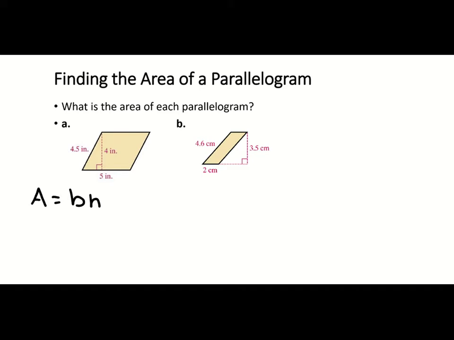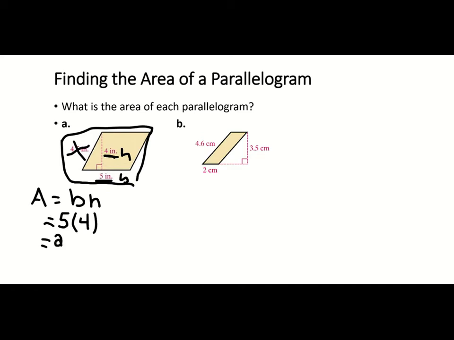So even though in this first parallelogram we have 3 values, my perpendicular segment is 4 inches and it's connected to the 5 inches. So 5 is my base and 4 is my height. I don't need the 4.5 unless I'm going to find the perimeter, but they are only asking for the area. So if I do 5 times 4, it's going to give me 20, and its area, so it'll be inches squared.